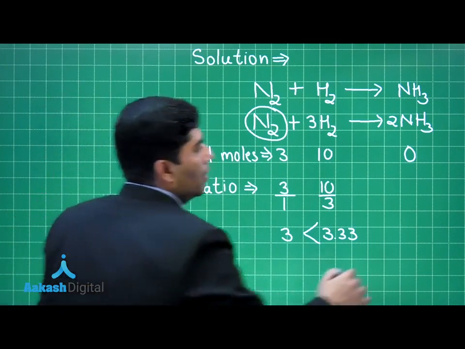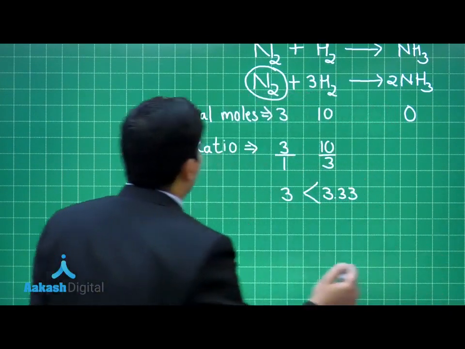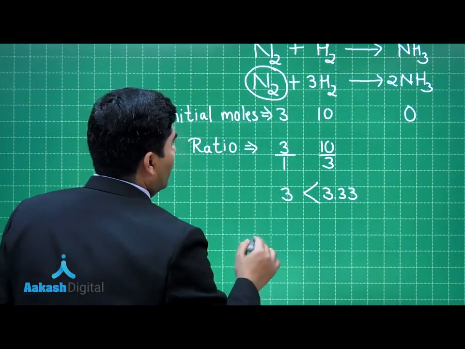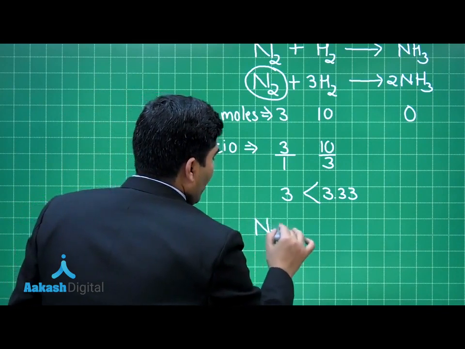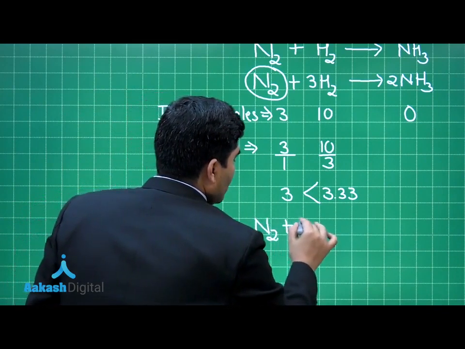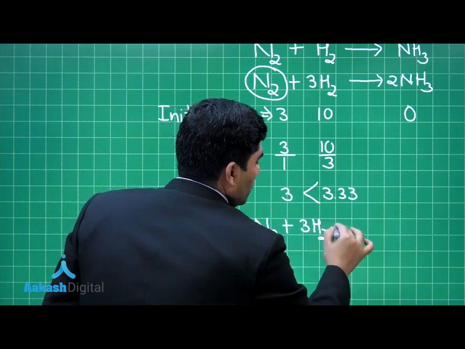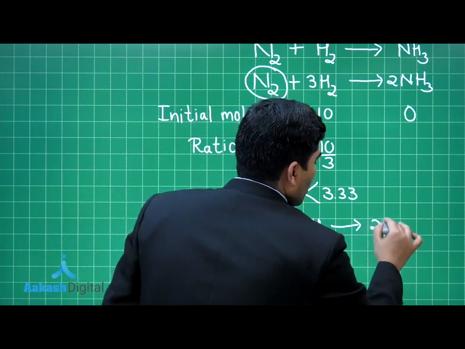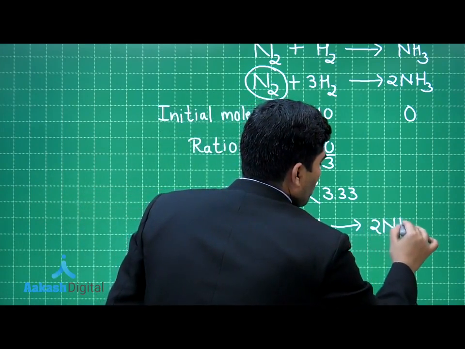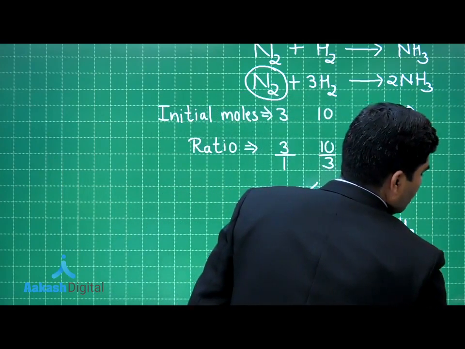So again, writing the chemical equation, we have N2 plus 3 H2, it will give us ammonia, right?